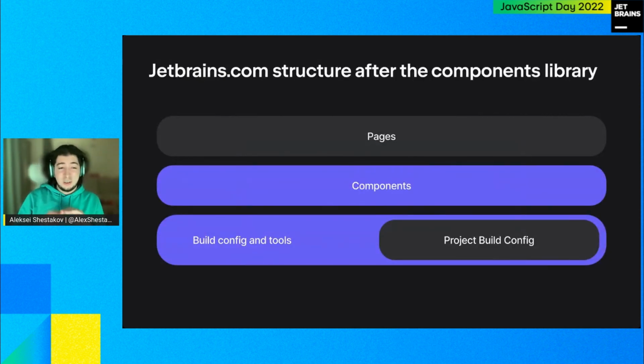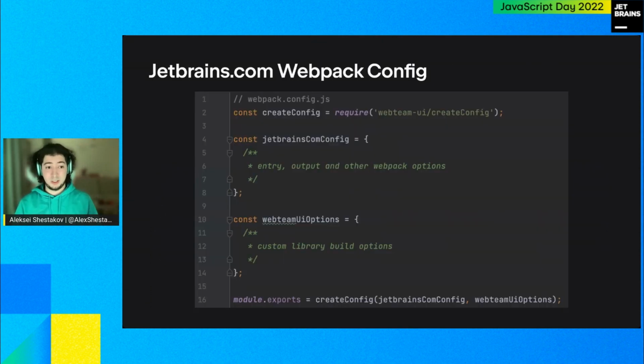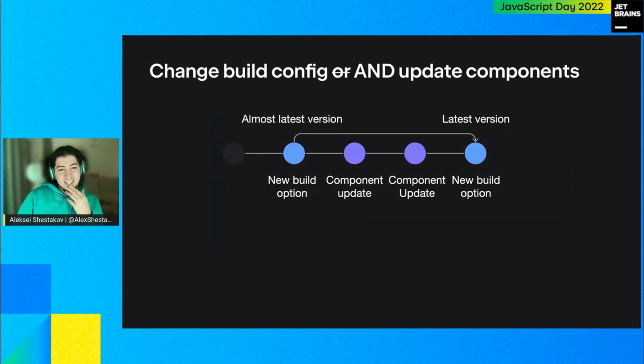Initially, this looked like a good idea. The build infrastructure was encapsulated together with all components in a reusable package. There was a special function in the extracted package, which combined the build configuration for the library and for the project itself. But over time, it caused a lot of pain.